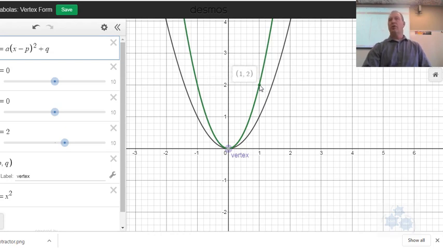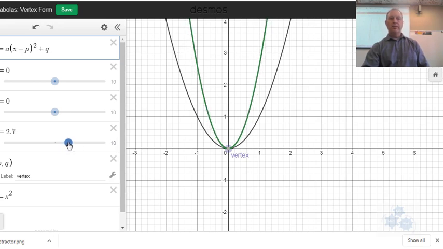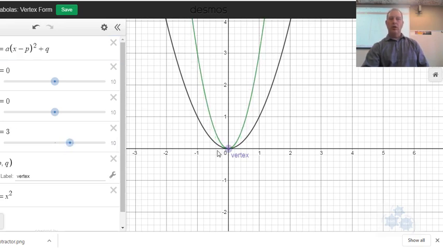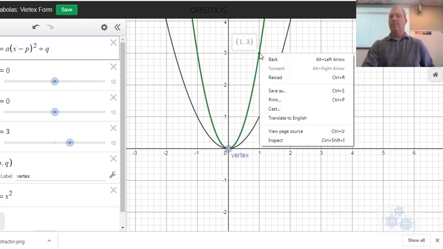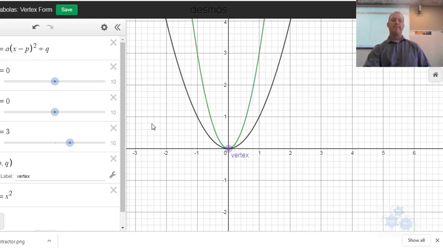So if a is 2, then you would go from the vertex over 1 unit, up 2. If a is 3, guess what you would do? You'd go over 1 and up 3, and you would have a point on your parabola. Okay? So this is just something that will help you later on if you're trying to find out what a is from the graph. Okay?